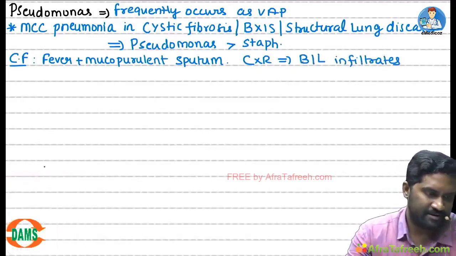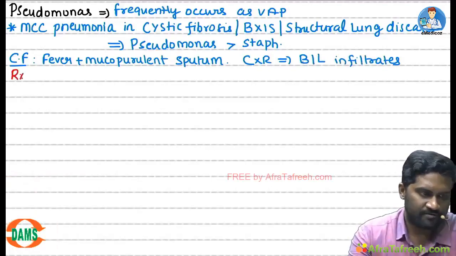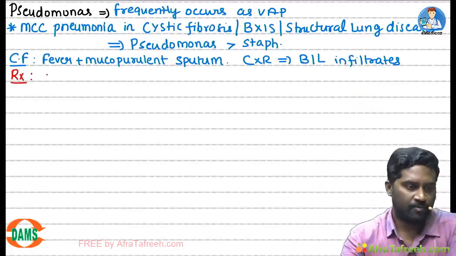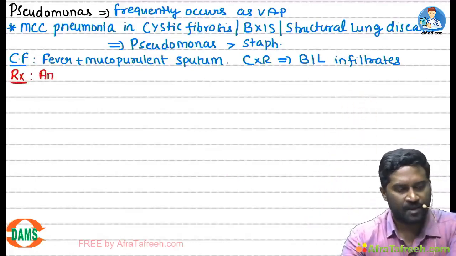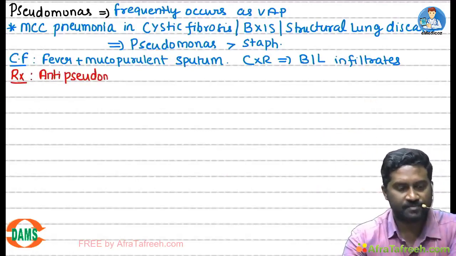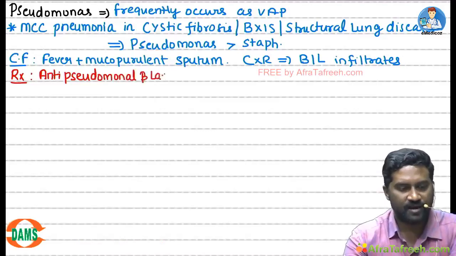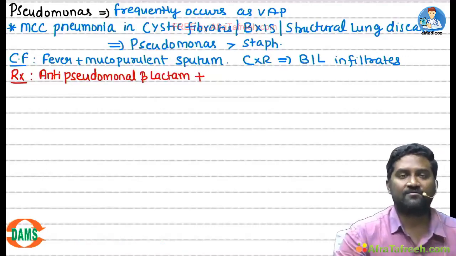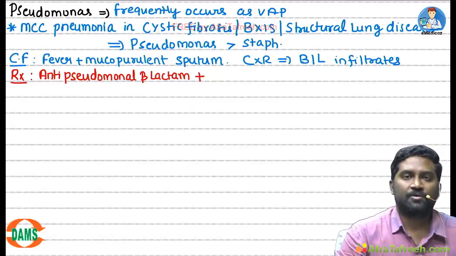Coming to the treatment, for Pseudomonas, you should give 2 antibiotics. Most important will be an anti-Pseudomonal beta-lactam. What is an anti-Pseudomonal beta-lactam? It is a beta-lactam with activity against Pseudomonas. What are the important names?